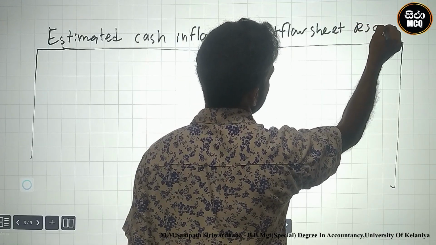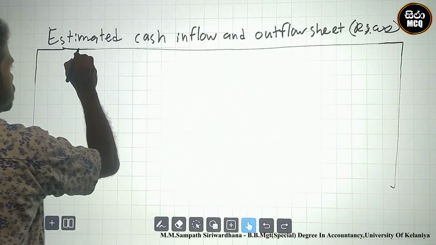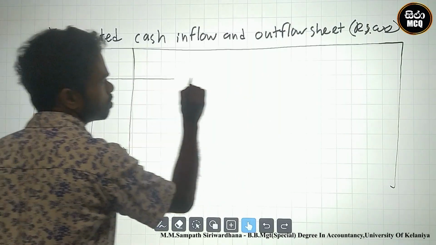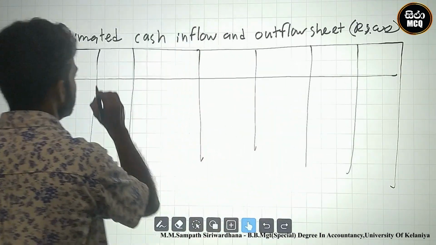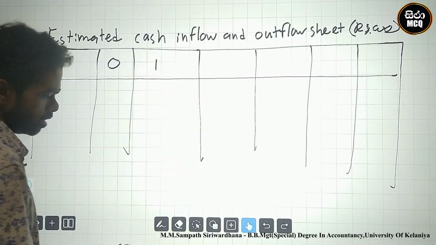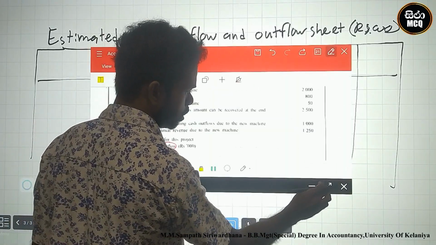This is in Rupees 1,000. Okay, this is the description. This is year 0, then the other years. Okay, this is year 0, this is the description. This is 1, 2, 3, 4, 5. There are some years. Okay, let's see the question.